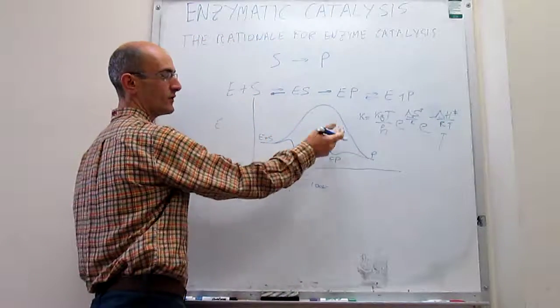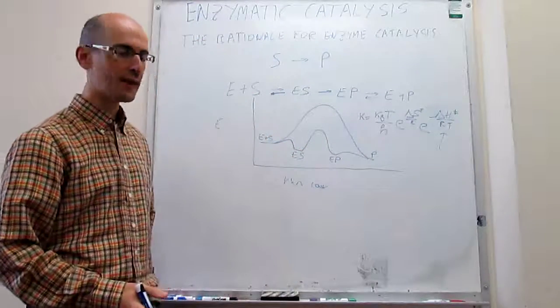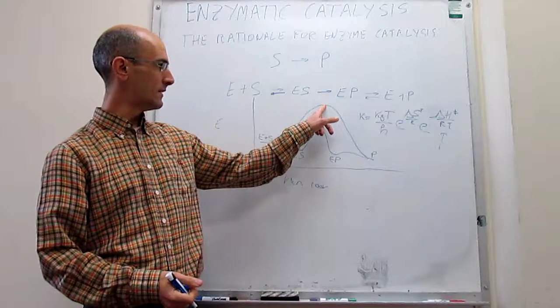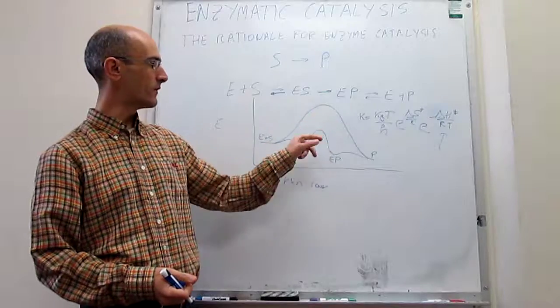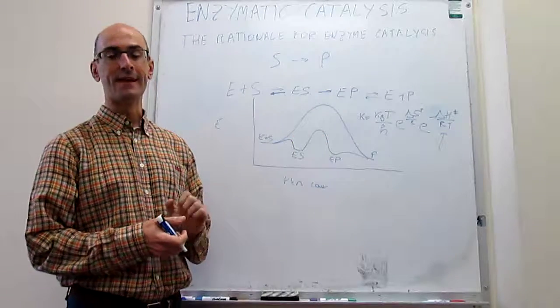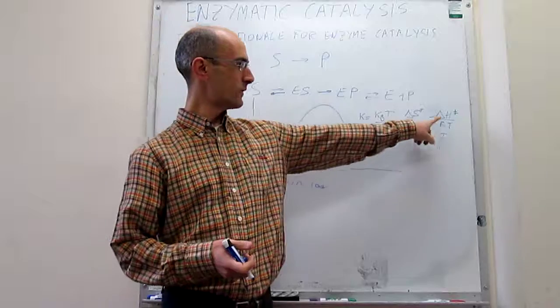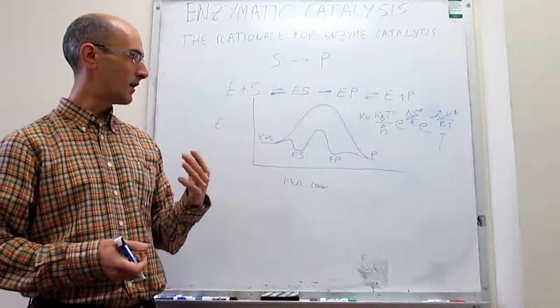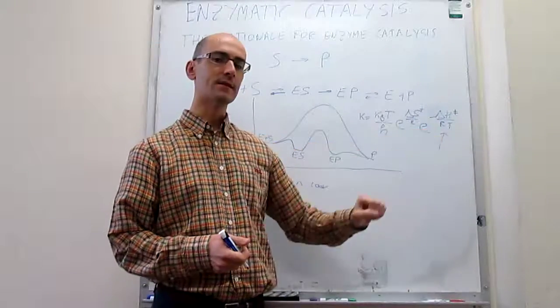When you think about the energy or enthalpy requirements for the reaction to take place, it's clear that the enthalpy of activation in the uncatalyzed reaction is much greater than the enthalpy of activation in the catalyzed reaction. So when you decrease that delta H, the rate constant goes up by quite a bit at the same temperature.